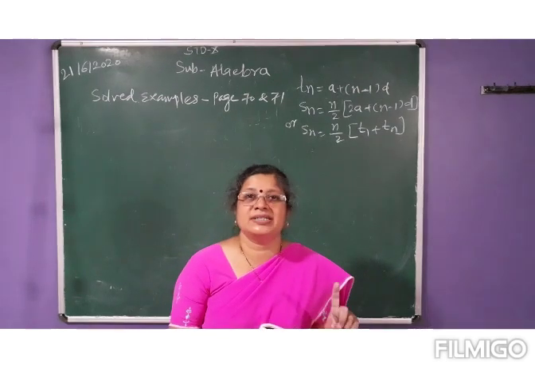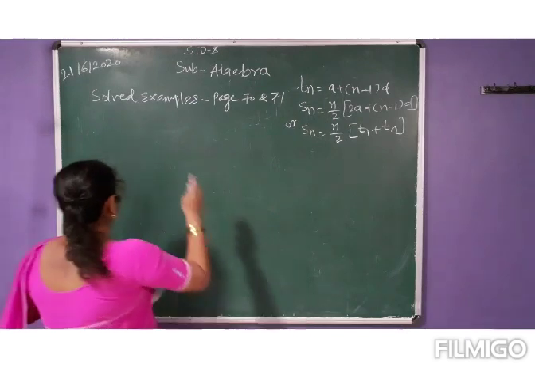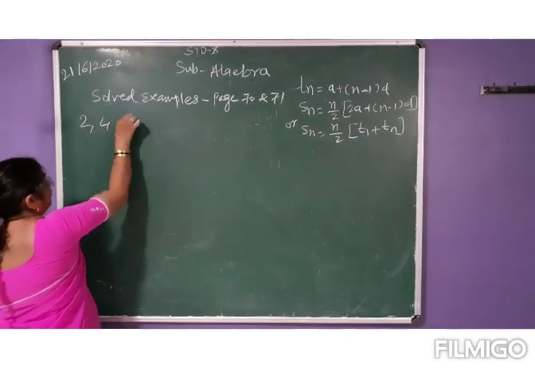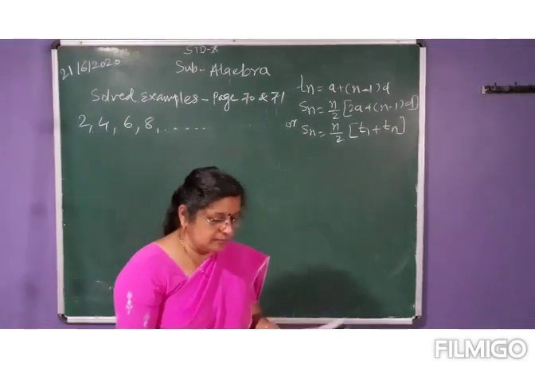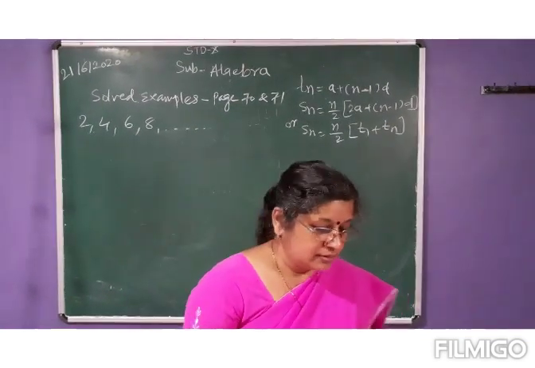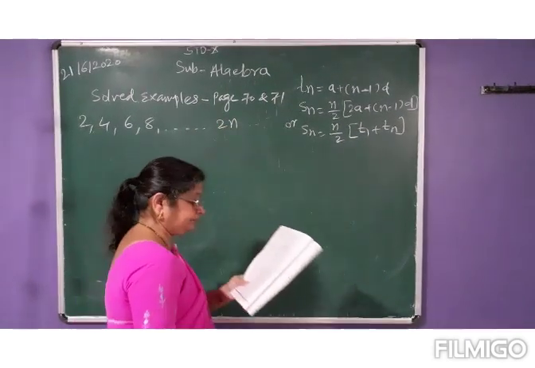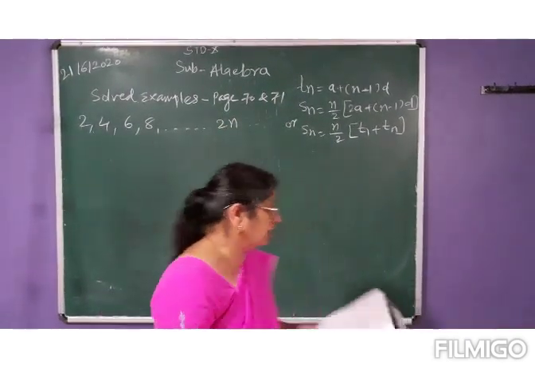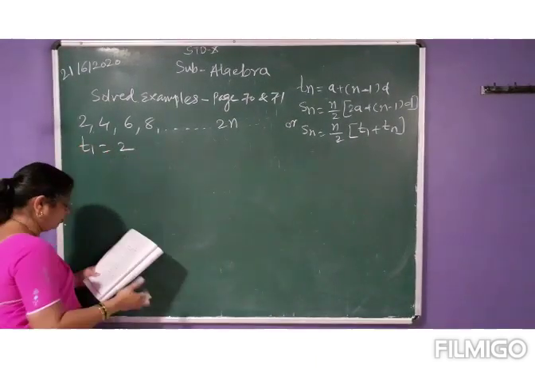Like that, if such numbers are there, then we can say that they are even numbers, right? So 2, 4, 6, 8, correct? And how many numbers are there? n numbers. So what will be the last number? 2n.